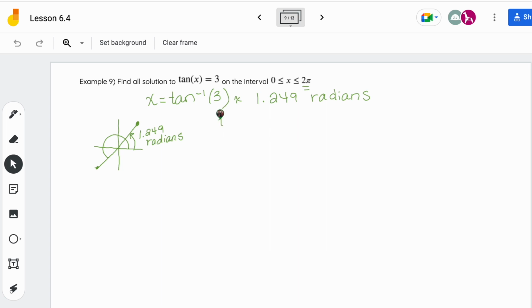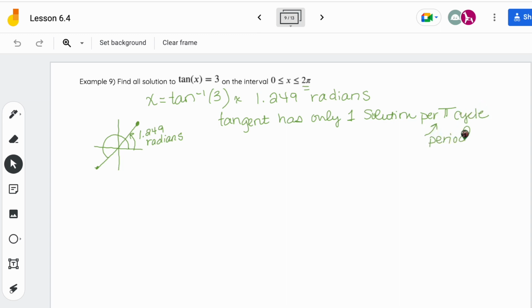So tangent, let's just make note of it here, has only one solution per cycle. And I should say per pi cycle because that's its period.